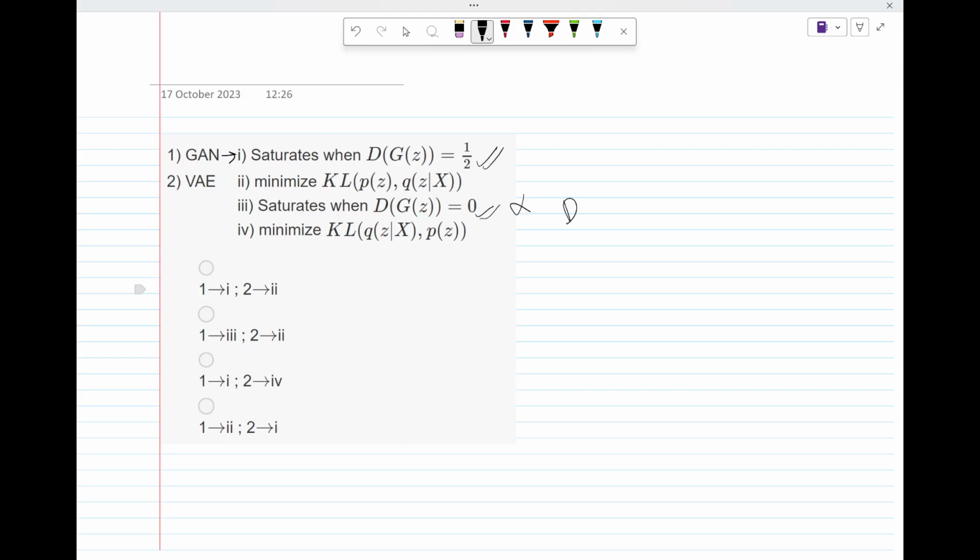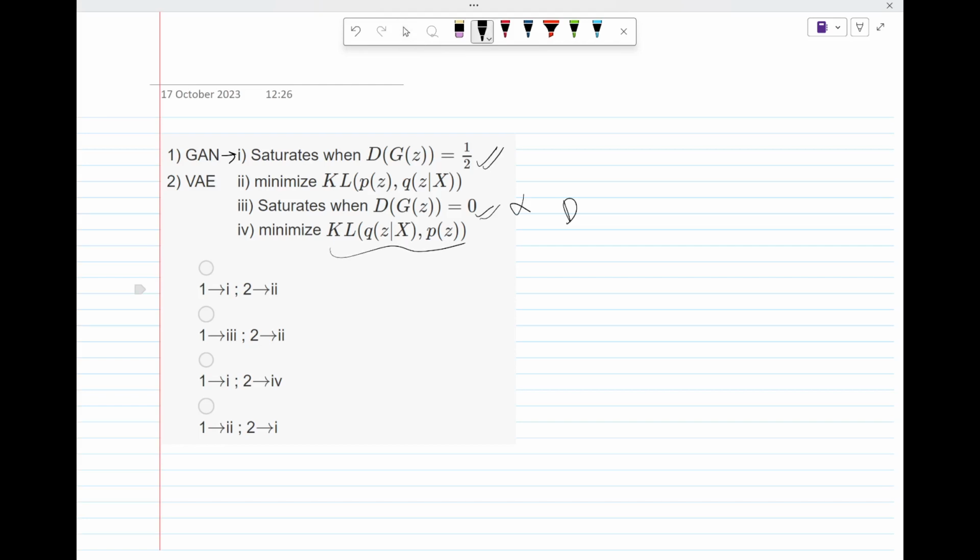And for the variational autoencoder, you want to minimize P(z), Q(z) or Q(z), P(z). In the formula it comes out to be this.